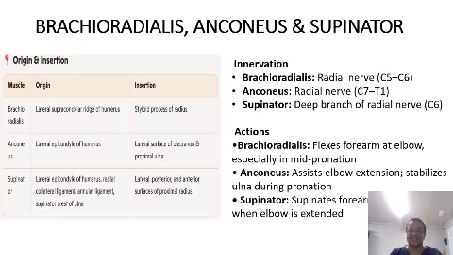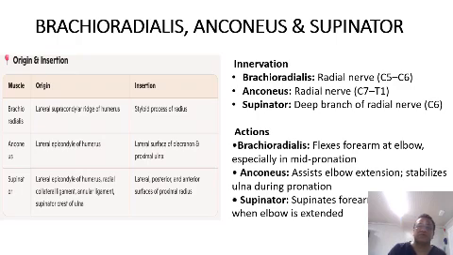Brachioradialis, anconeus and supinator. This trio of muscles may not dominate the forearm visually, but they play a crucial role in elbow and forearm mechanics. Each contributes uniquely to movement and stability, so especially in trauma, nerve entrapment and radiotherapy contouring, we should consider their anatomy.